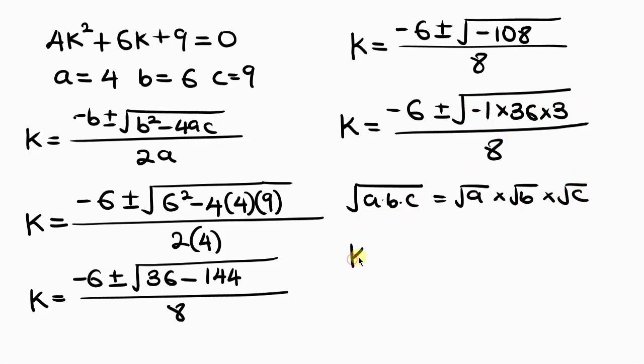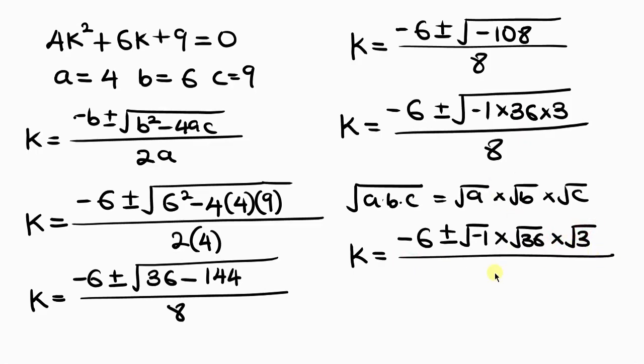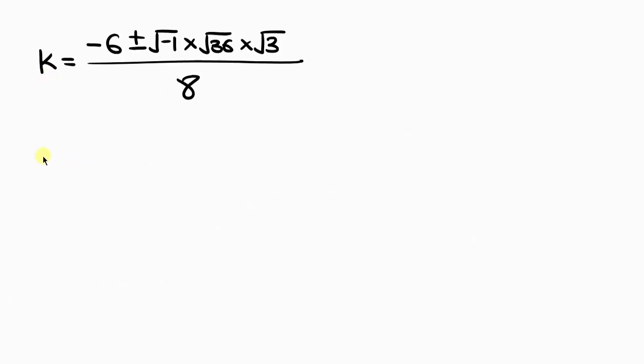So k now becomes negative 6 plus or minus the square root of negative 1 times the square root of 36 times the square root of 3, all over 8. Very good. And now simplifying further, we have k equal to negative 6 plus or minus.